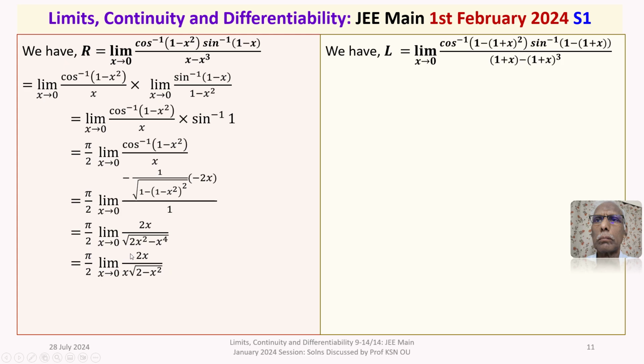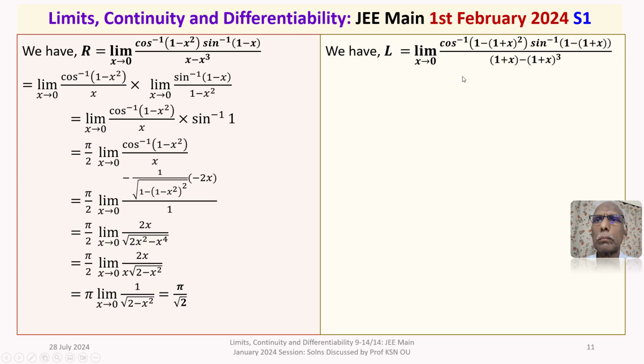So pi by 2 into 2x. When you take the limit as x tends to 0, it is x cancelled, of course. Limit x tends to 0 will be 1 by under the square root of 2 minus x square, that is 1 by root 2. So the capital R value is pi by root 2.